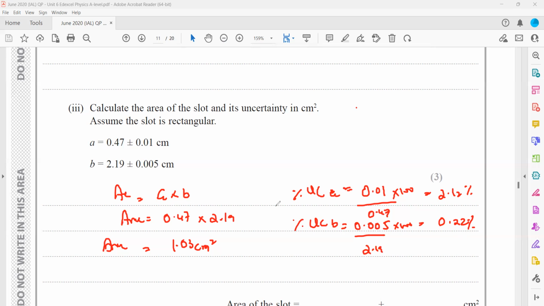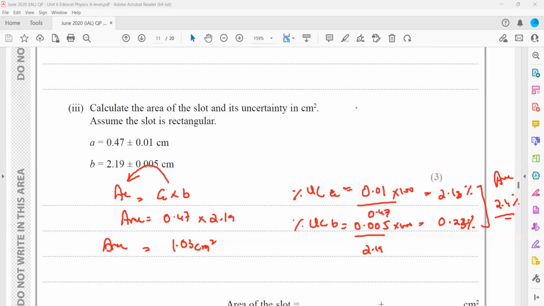Because area is calculated by A multiplied by B, to calculate the uncertainty in area we add the percentage uncertainty in A and in B. 2.13 plus 0.23 gives 2.36, or we can say 2.4% in total.